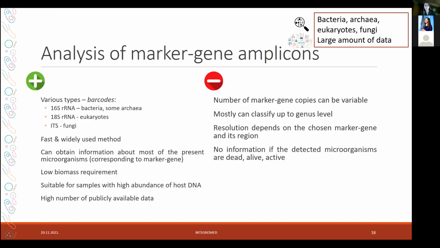And of course, we have no information if the microorganisms that we detected are alive, dead, or active. There also could be some PCR artifacts and primer specificity issues. We design primers mostly for the conserved regions of these genes. However, there could be circumstances where the conserved regions are not so conserved, and the primers are not specific to some species, and therefore we can't obtain data about them.